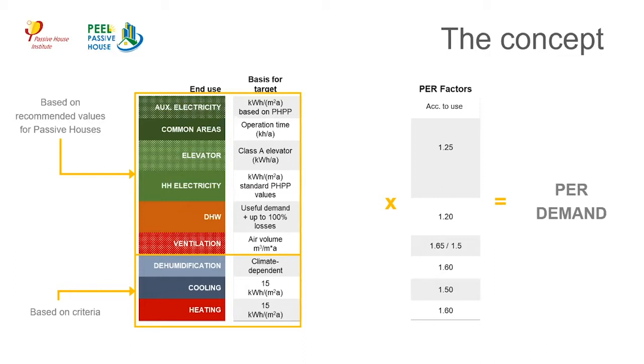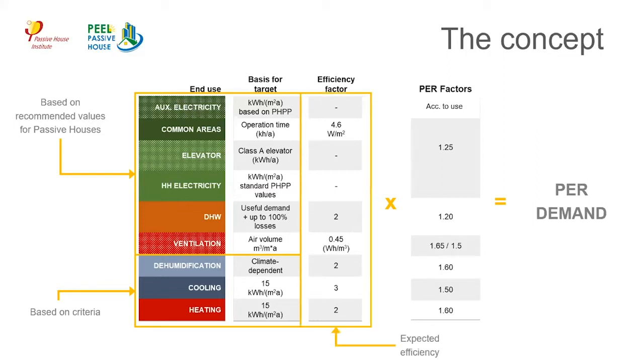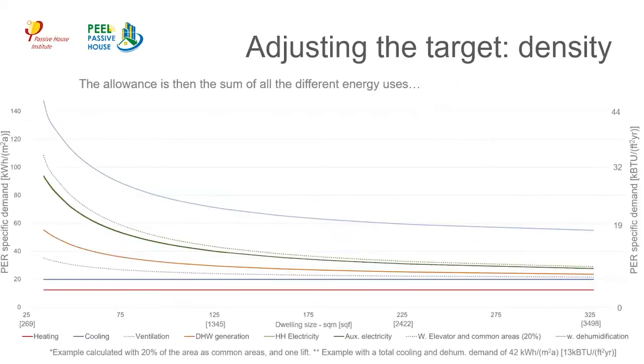In order to give a bar for the efficiency that we need to achieve with the building, we combine this with efficiency factors that depend on the equipment that we use. And then we take the primary energy factors, being PE or PER, and that's how we obtain the final primary energy demand for the entire project. If we combine this with density, this is how it would look like.